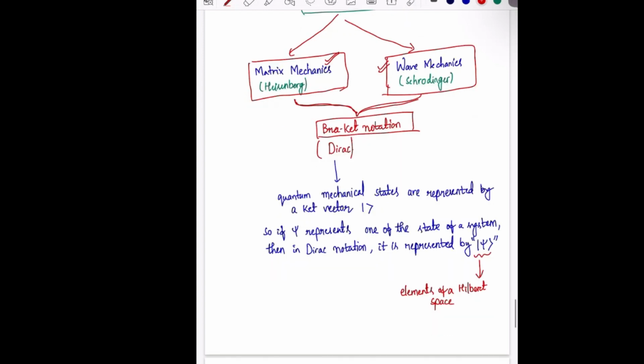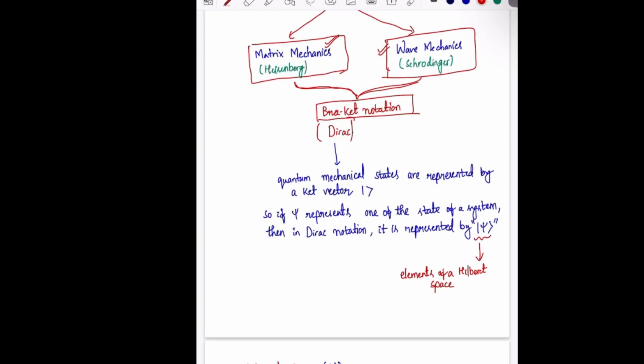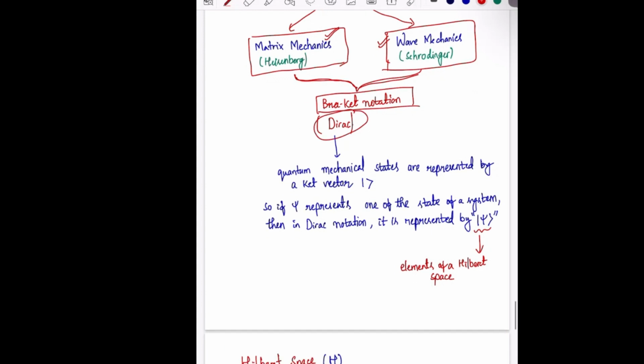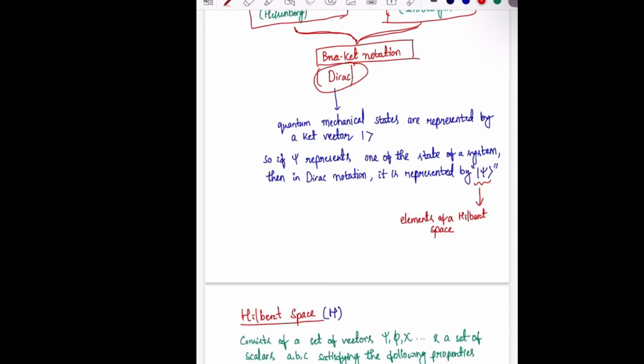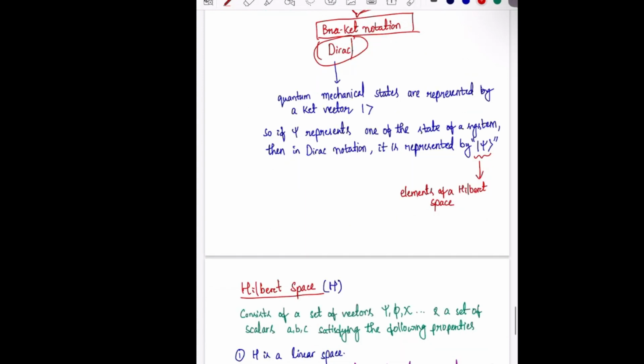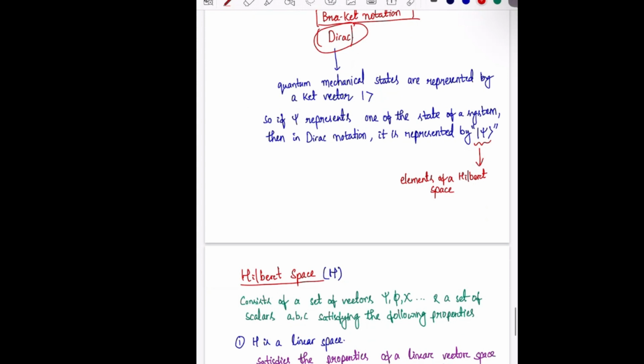This concept was given by Dirac, and he utilized some of the properties of linear vector space to derive it. In Dirac bracket notation, if we have a state, let's say psi, we represent psi as the ket vector psi. This is the ket notation.